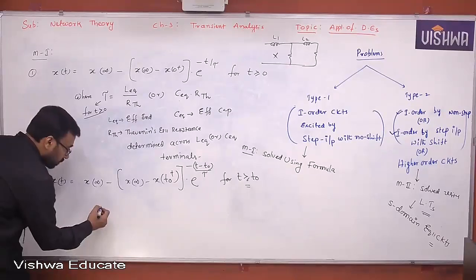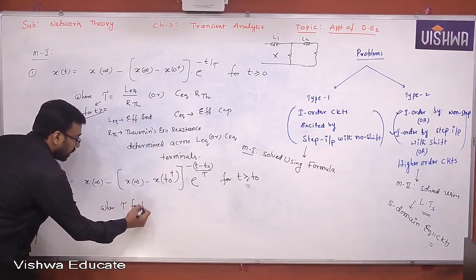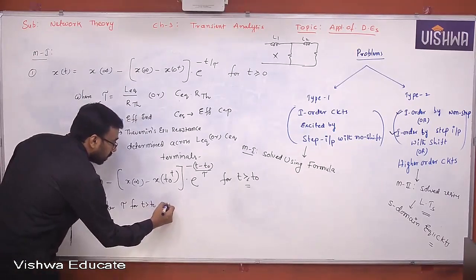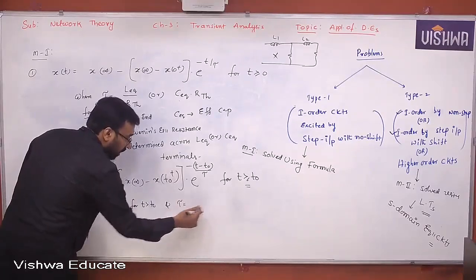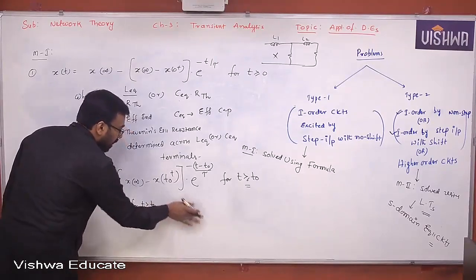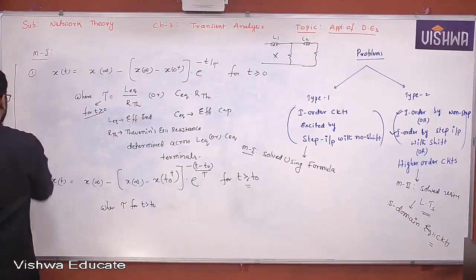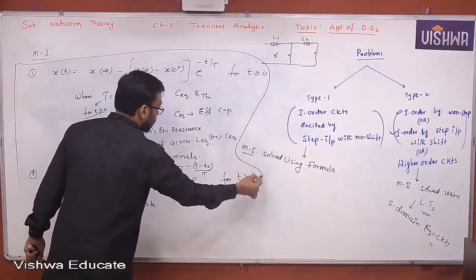Here the tau, where tau is for t greater than t naught, and its value is what? Again, L equivalent by RTH, or C equivalent into RTH. So there is no need to write it because you already know about it. Understand, all of you? Okay, so this is a very, very important formula. One should really understand this formula.